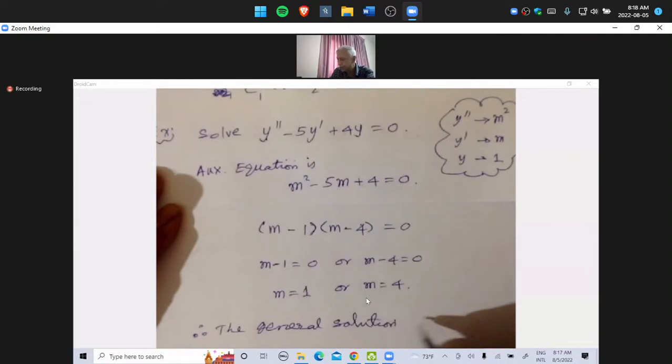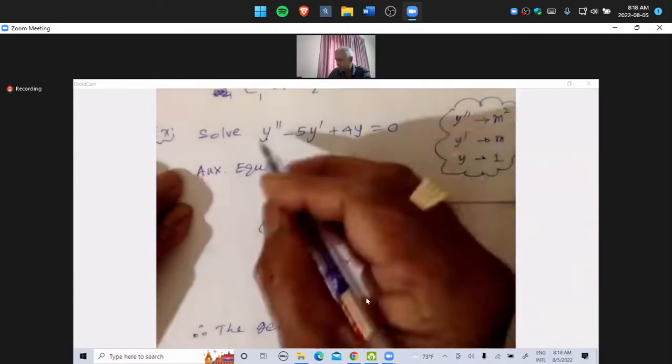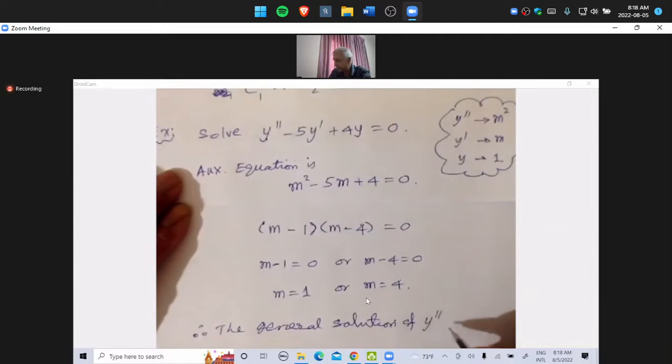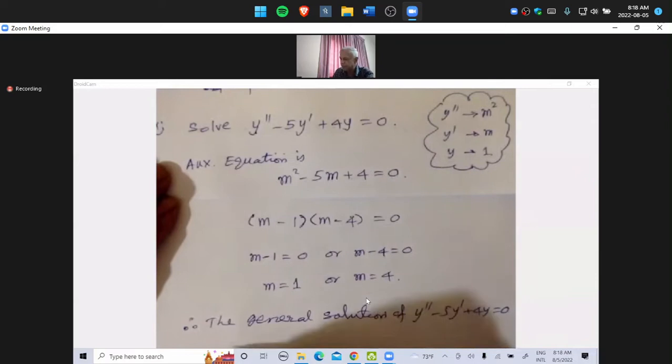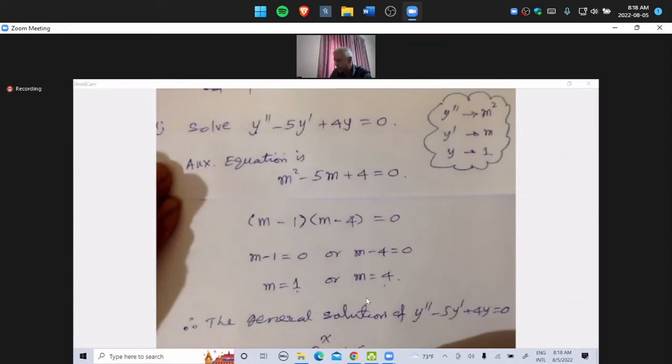Therefore, the general solution of our differential equation, y double dash minus 5y dash plus 4y equal to 0. For completeness' sake I'm writing it this way. The general solution of the given equation is y equals c1 e to the m1x, where m1 is 1 and m2 is 4. So e to the 1x, plus c2 times e to the m2x, which is 4.